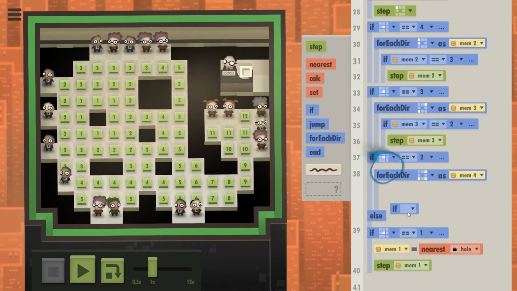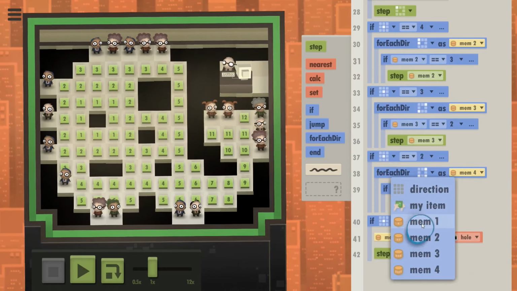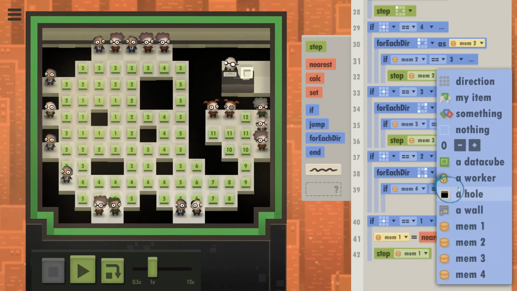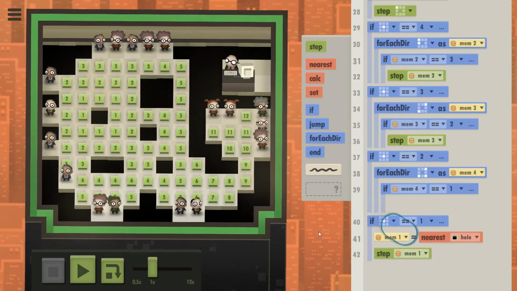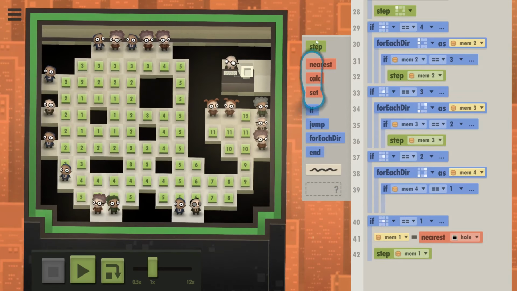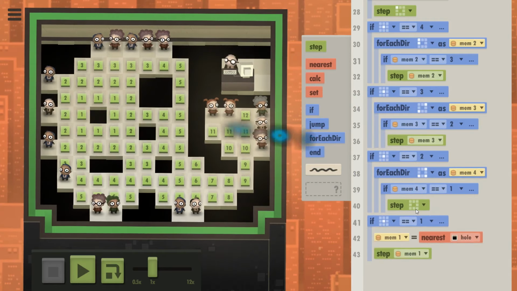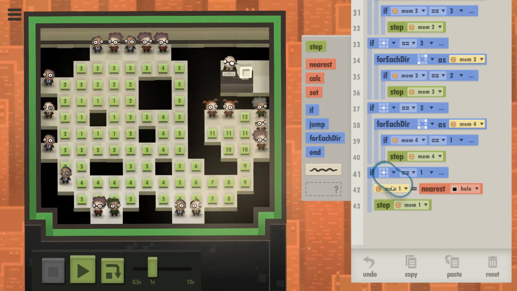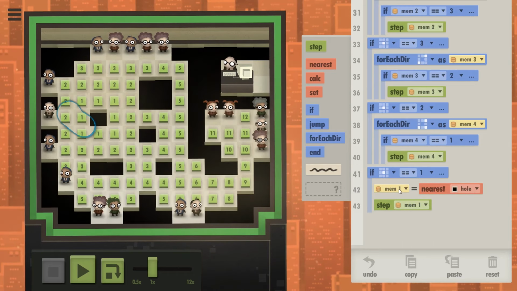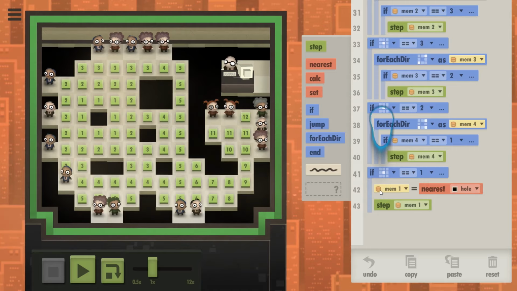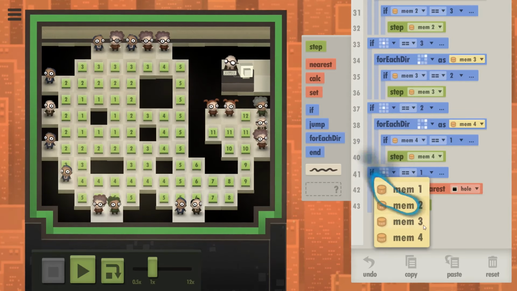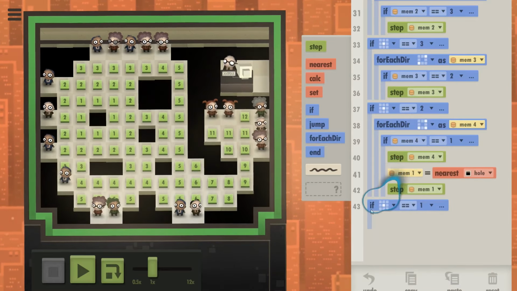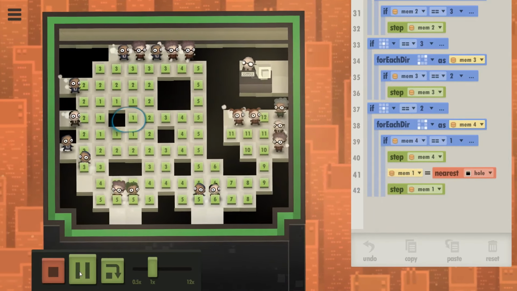So this one's not as big of a reduction. If mem4 equals 1, step mem4. None of them are going to be initially stepping into 1, so we can actually go ahead and do this. It's just a slight optimization.